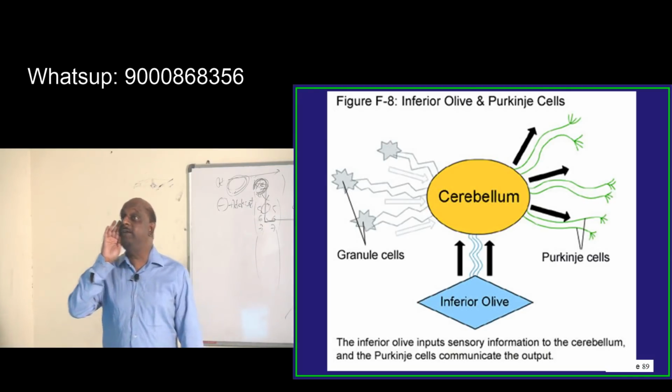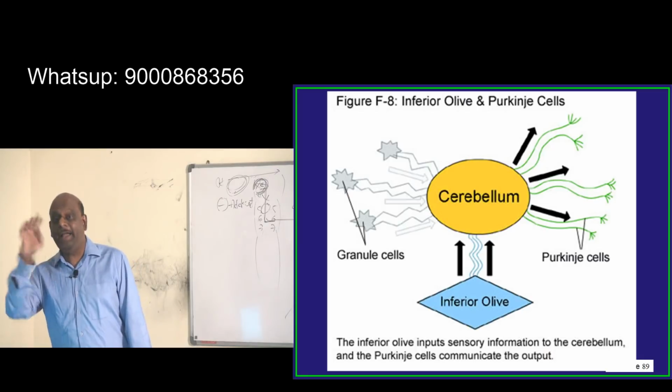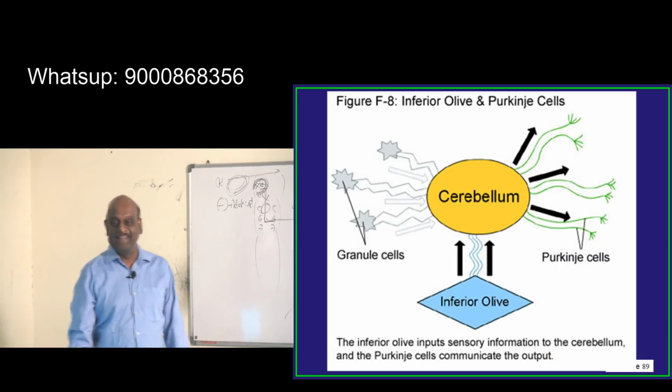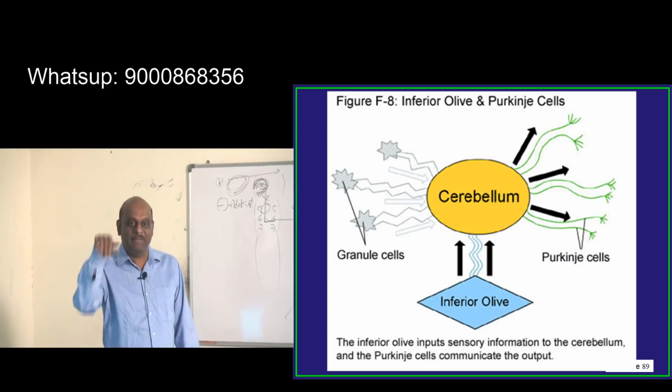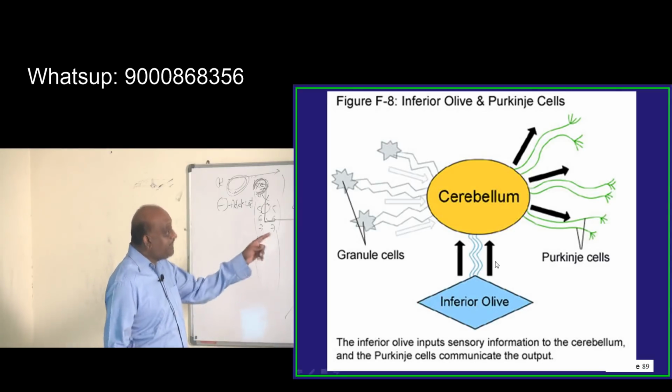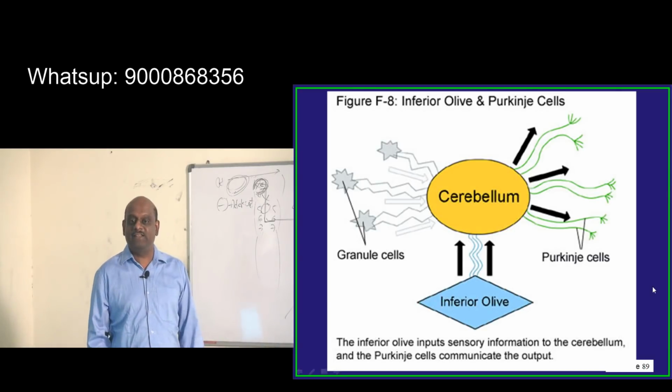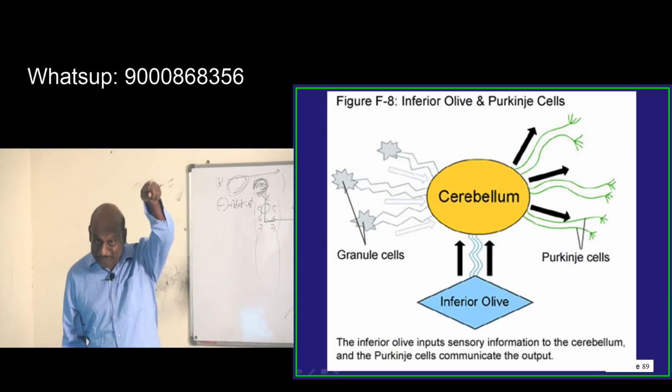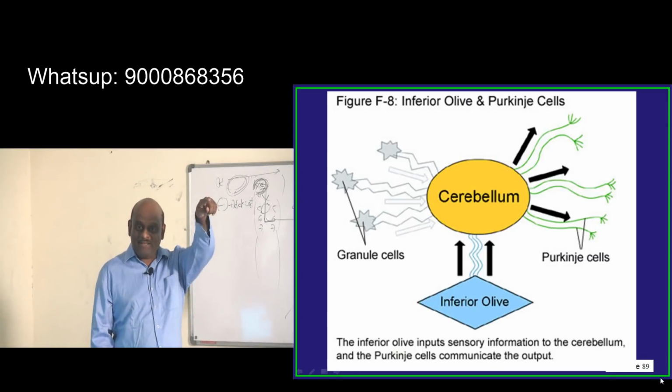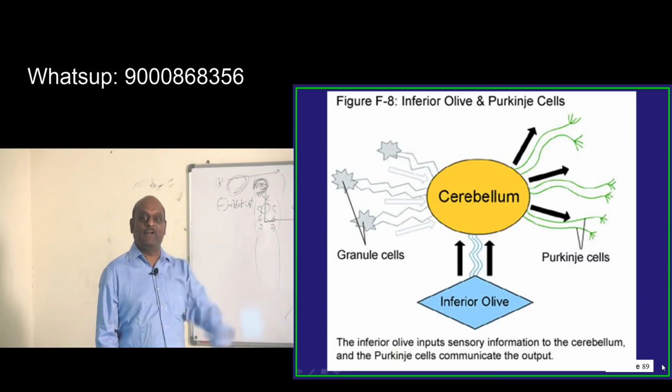From there, the inferior olivary nucleus will tell the cerebellum through the inferior cerebellar peduncle. Then from the cerebellum, Purkinje cells will pass it to the thalamus, and from the thalamus to the sensory cortex.